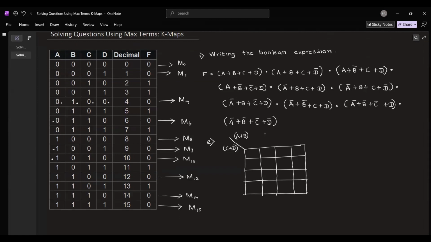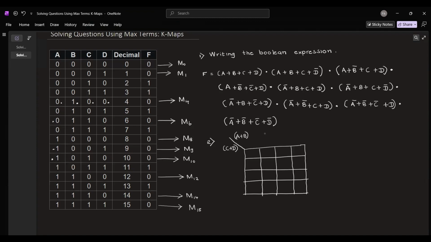Now, first we remember the order, right? How we can name the specific columns and specific rows. We remember from the last video. We are going to do the same thing, but instead of A, B or A bar B, we will be doing A plus B and A bar plus B. The ordering method is called gray code.